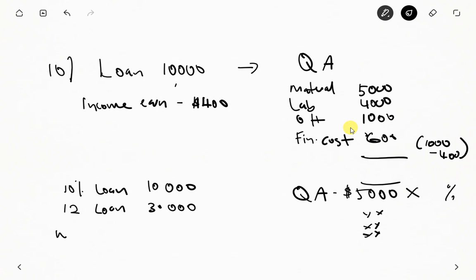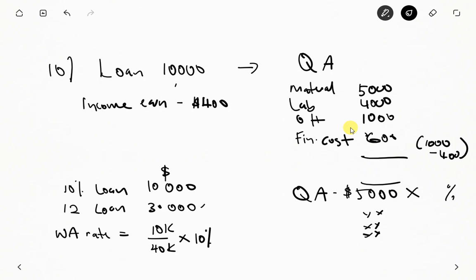We call it the weighted average rate of interest. The total is 40,000. 10,000 out of 40,000 is lesser, so we give lesser weight to 10%.